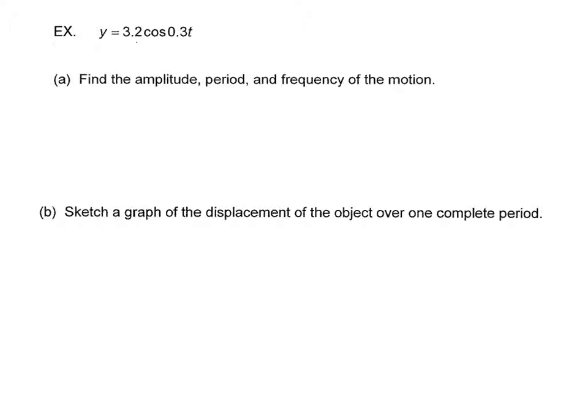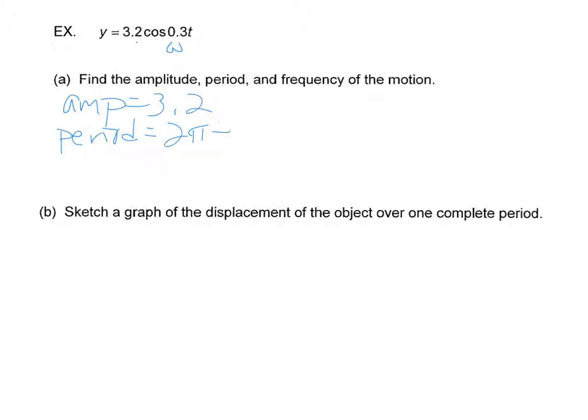So we have y equals 3.2 cosine of 0.3 t, and we want to find the amplitude, the period, and the frequency of the motion that this is modeling. The amplitude is still the number out front, so the amplitude is 3.2. The period is 2 pi divided by omega, which is always the number in front of the t.